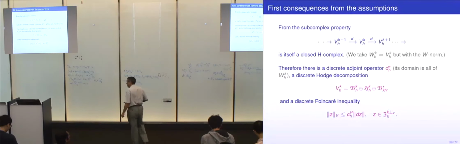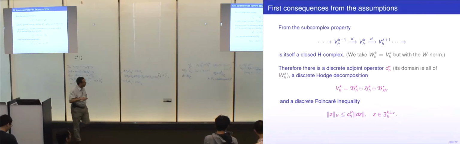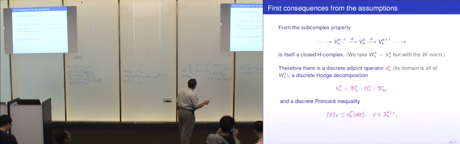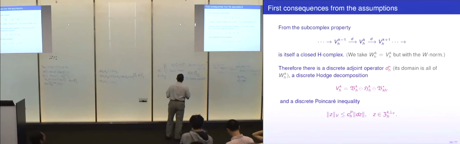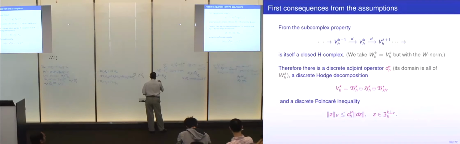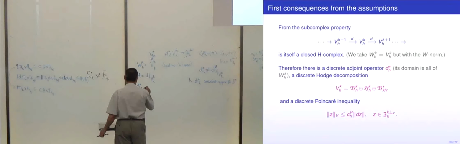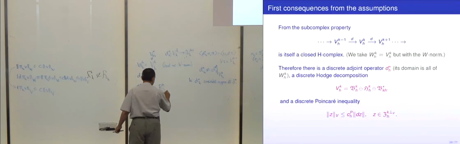Okay, what else do we get from having a Hodge Hilbert complex at the discrete level? Well, we get an adjoint and we get a Hodge decomposition. So of course, B star h is defined to be the range of d star h. Everything is defined in the same way because it is just an example of a Hilbert complex. So d star h of V^{k-1}_h is B star h.